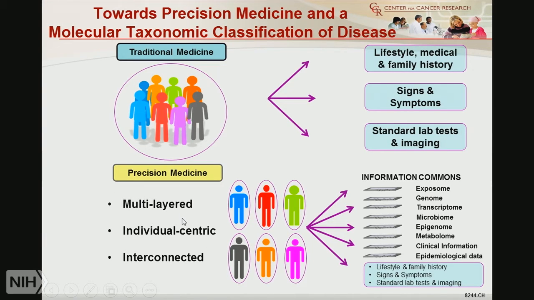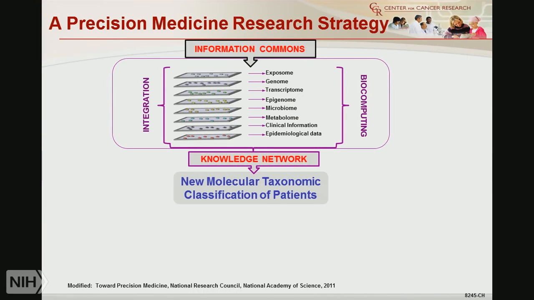It's multi-layered, it's individual-centric, and it's interconnected. So it uses an information commons, and I'll go through this in brief but hopefully lucid detail, that uses various omics, and I'll describe a number of those. The Information Commons again requires integration of all these omics along with clinical information, epidemiological information.